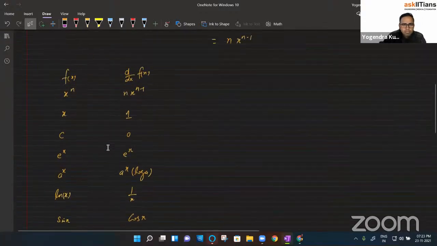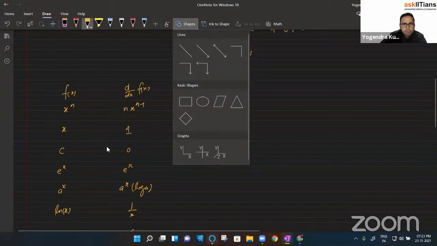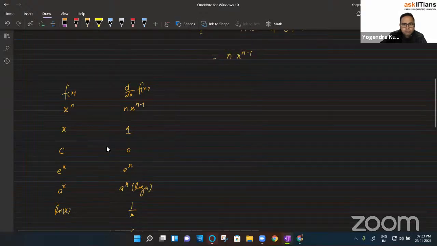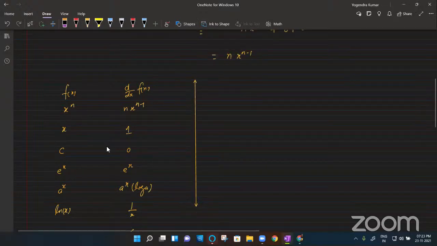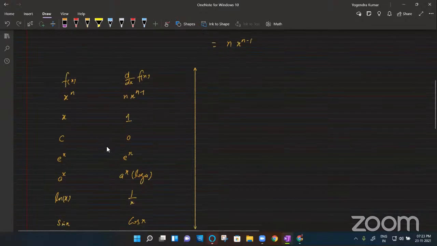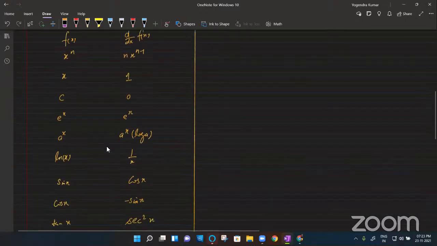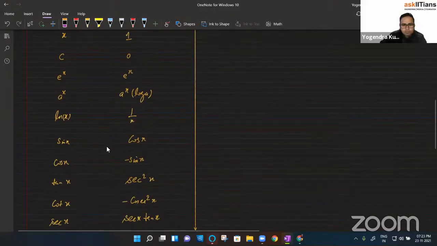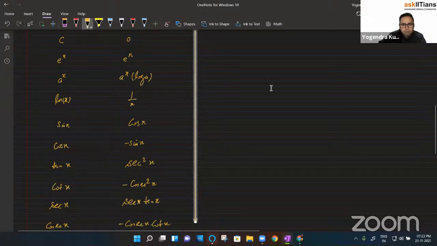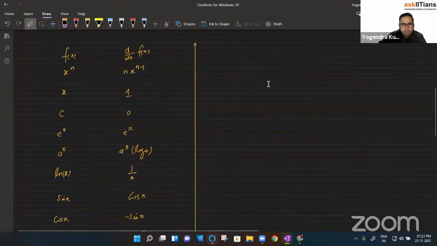Then can we do it for inverse trigonometric functions also? Yes, sir. One second, let me write this. Okay, for inverse trigonometric functions, guys, what do we have?